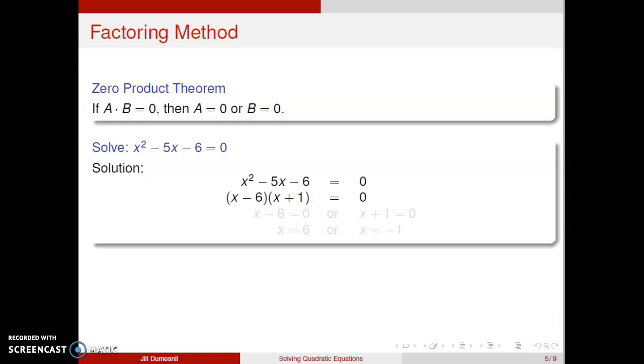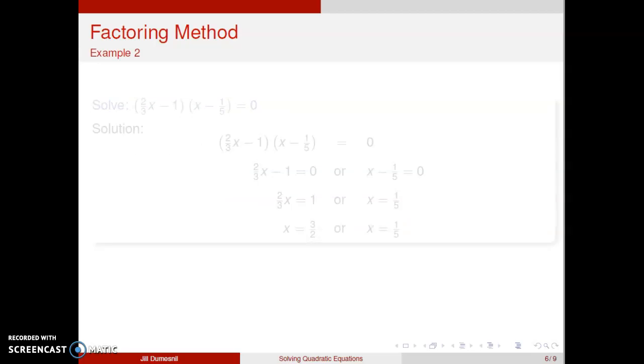If we factor the quadratic x squared minus 5x minus 6 as the product x minus 6 times x plus 1, then we have a product equaling 0. The zero product theorem guarantees that one of the factors must equal 0. So now we have 2 linear equations to solve. Thus, x equals 6 or x equals -1.